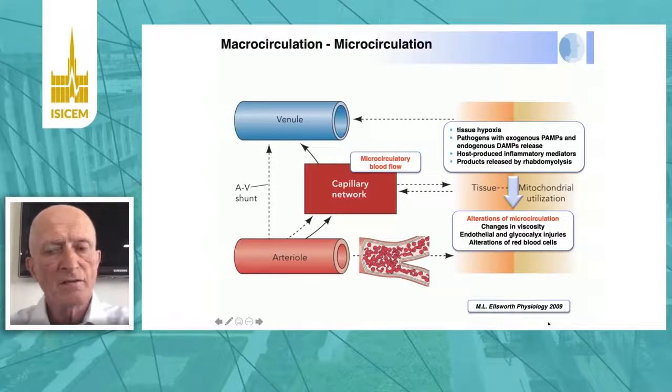But in more severe situations, for example tissue hypoxia or pathogens with exogenous PAMPs and endogenous DAMPs release, with host-produced inflammatory mediators and products released by rhabdomyolysis, we can have alteration of microcirculation through change in viscosity, endothelial and glycocalyx injury, and alteration of red blood cells.